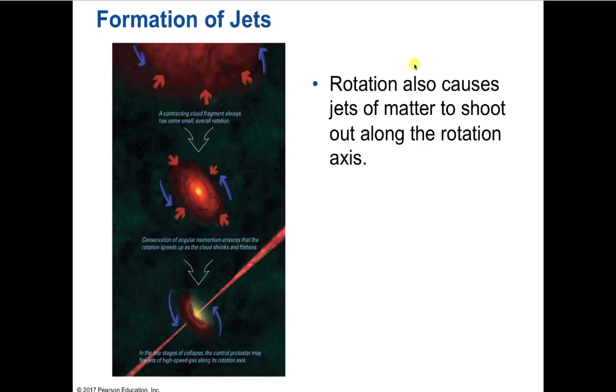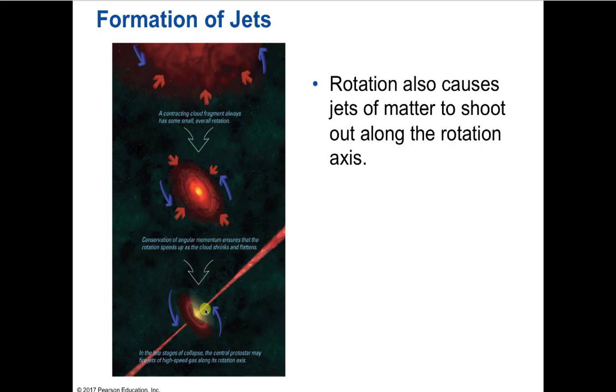Another thing we see in newly formed stars are these things called jets. There's a rotation to the disk, and we see these jets of material streaming out along the axis of rotation. No one's exactly sure why this is happening, but there are some ideas that seem to make sense. One of the main ideas has to do with magnetic fields.